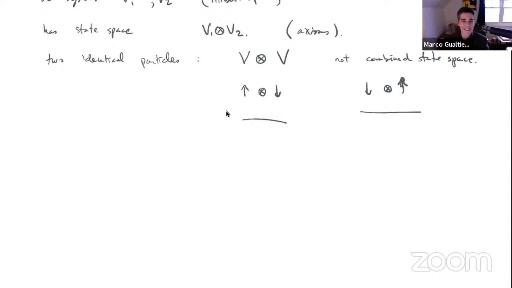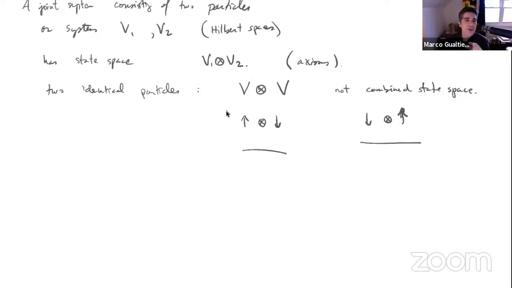But the reason is it's kind of difficult to articulate what identical particles means. What identical particles means is really this. It's a change of the axioms in a way.